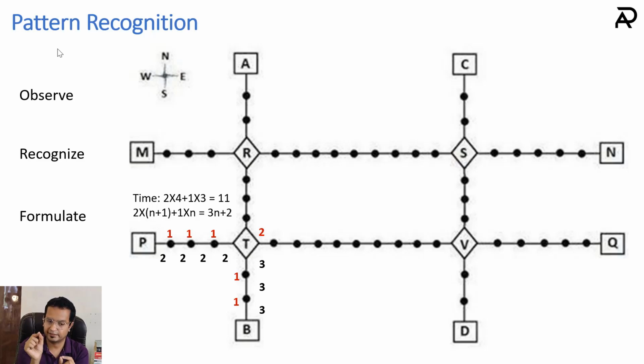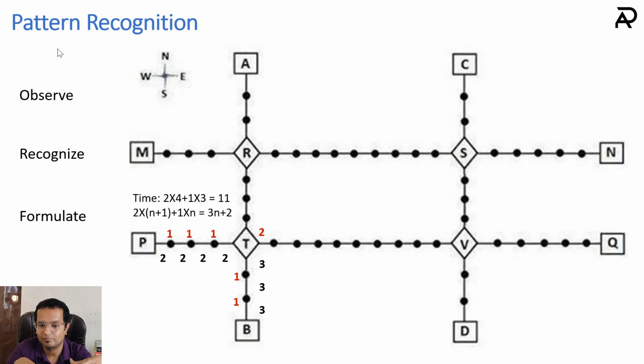See, if there are 3 points in between, you have to take 4 travel intervals, P to 1, 1 to 1, 1 to 1 and then 1 to T, right? So the formula becomes 2 times n plus 1 plus 1 times n, that is 2n plus n, 3n plus 2. Now I can use this generic formula anywhere.